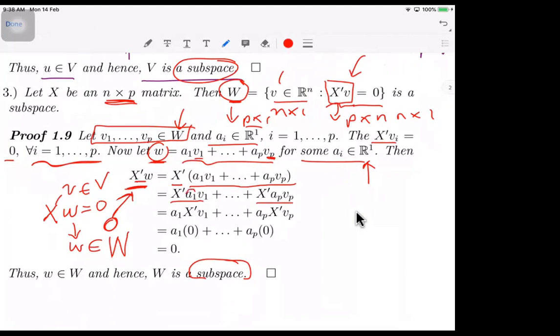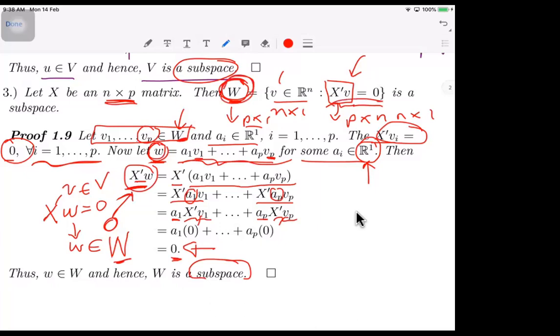And then since the a_i here are just constants in R, you can take them out. But this form here will be equal to 0. So this is 0, and everything will be equal to 0. So we have shown that X prime w is 0 whenever w is a linear combination of v_i which is in W. Hence, w will be in the set W because it satisfies this.